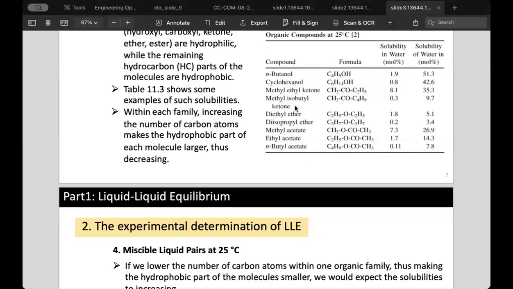Then you can guess: if I read some example of a chemical, you can tell me whether this chemical with water forms an insoluble, practically insoluble, or partly soluble system.